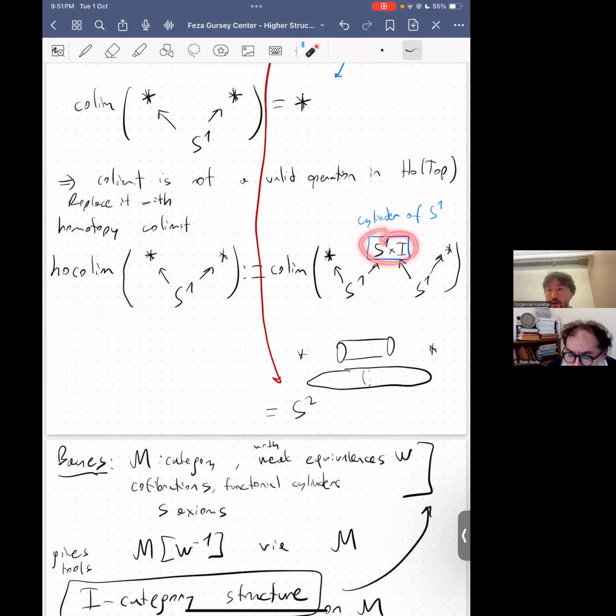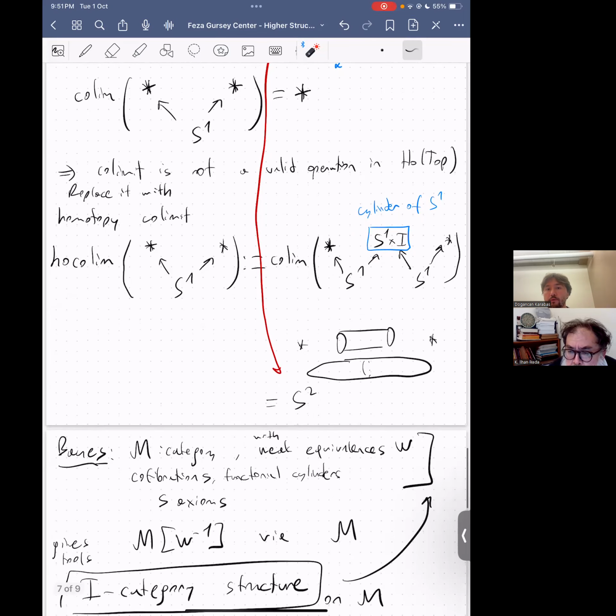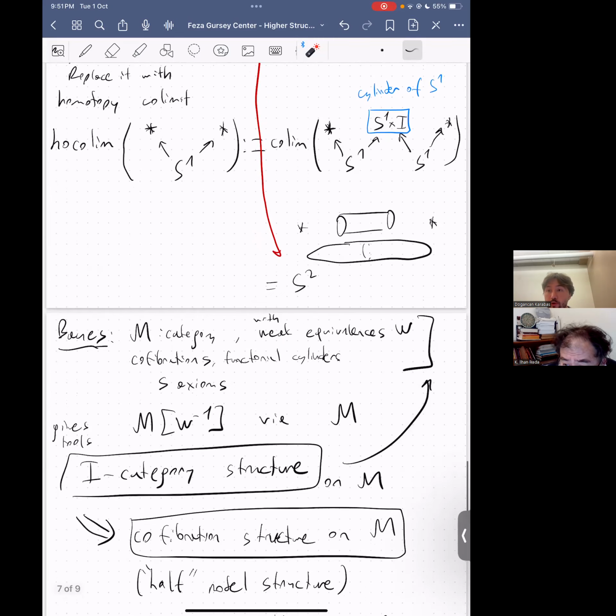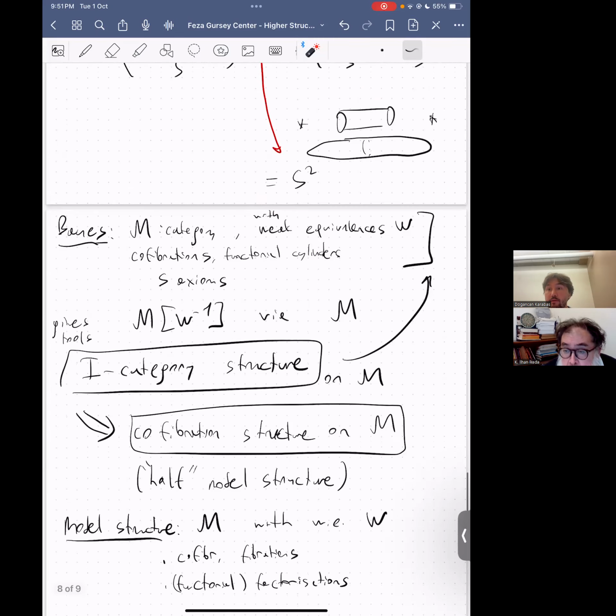Or if you want to put a cylinder here, the Tabuada cylinder has uncountably many arrows. So even if your initial category is nice, Tabuada's cylinder is very complicated. That's why we call our approach combinatorial, because our cylinder is very nice.